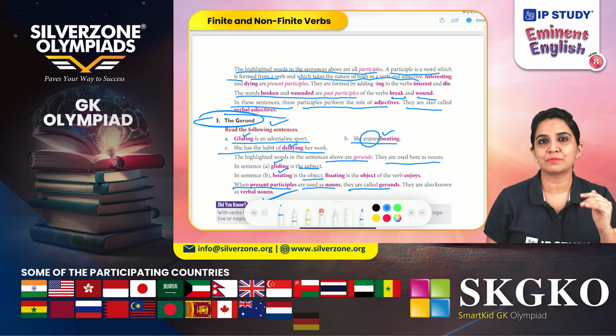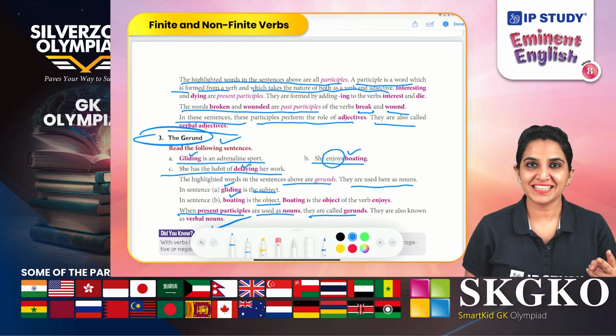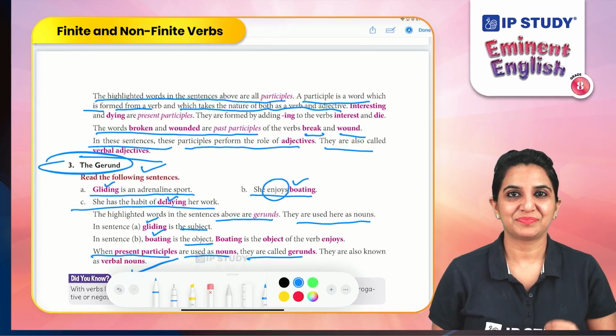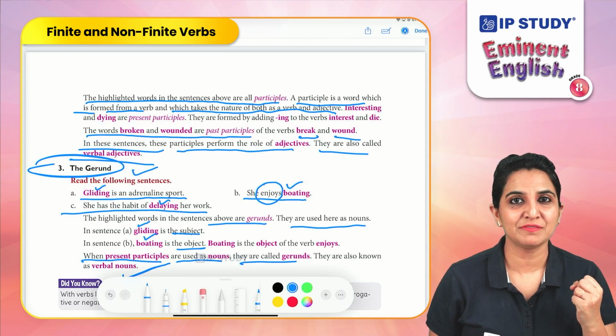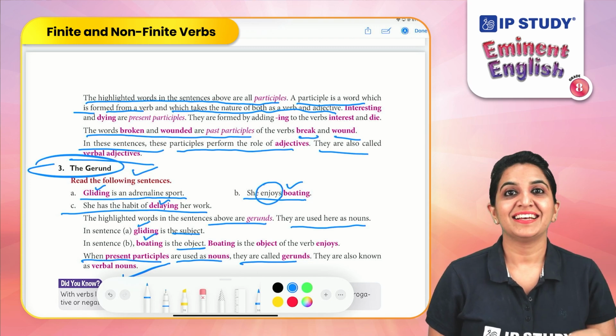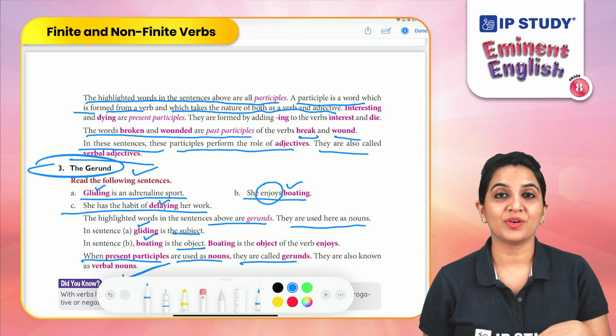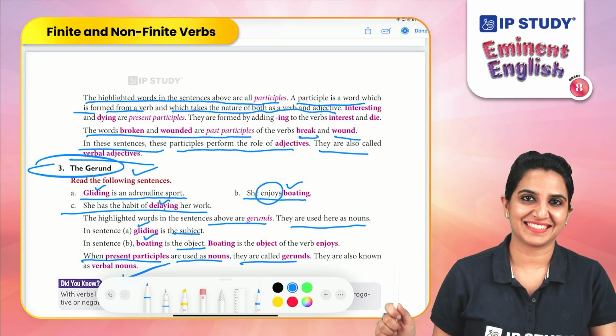There are three types of non-finite verbs: the participle, the gerunds and the infinitives. The participles are also called the verbal adjectives because they act as an adjective in the sentence. The gerunds are also called verbal nouns because they are expressed as nouns in the sentence.